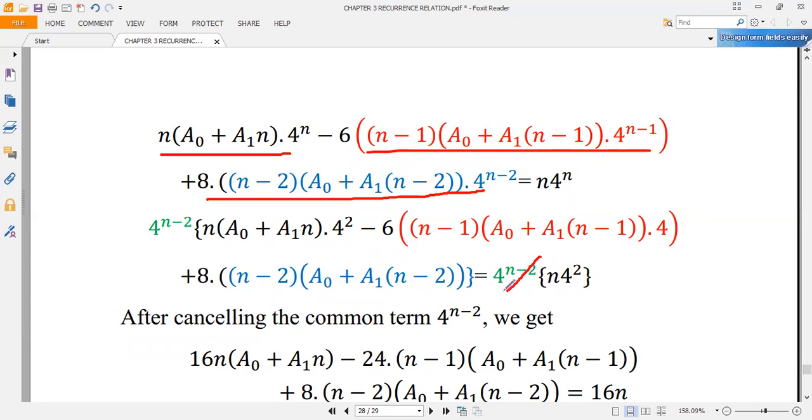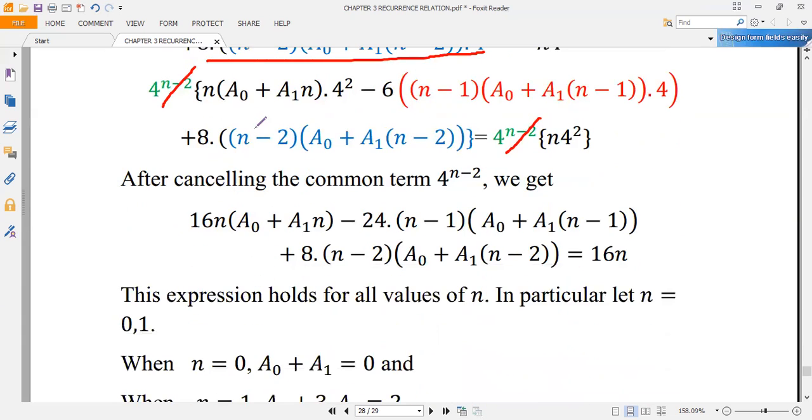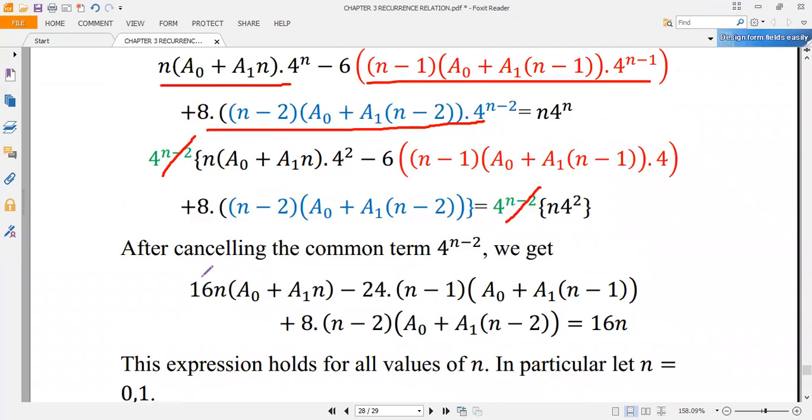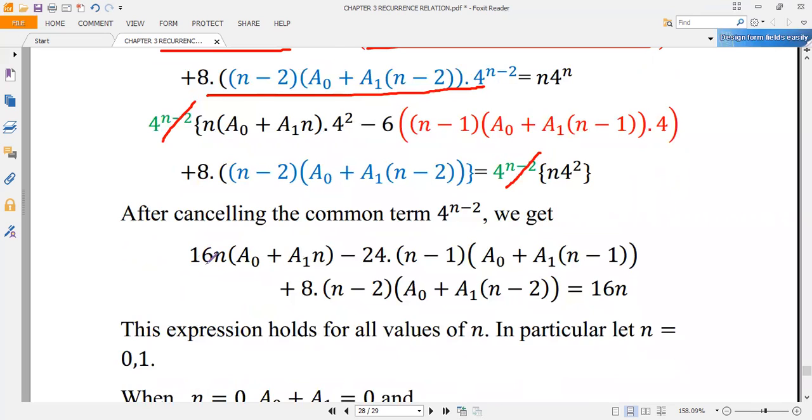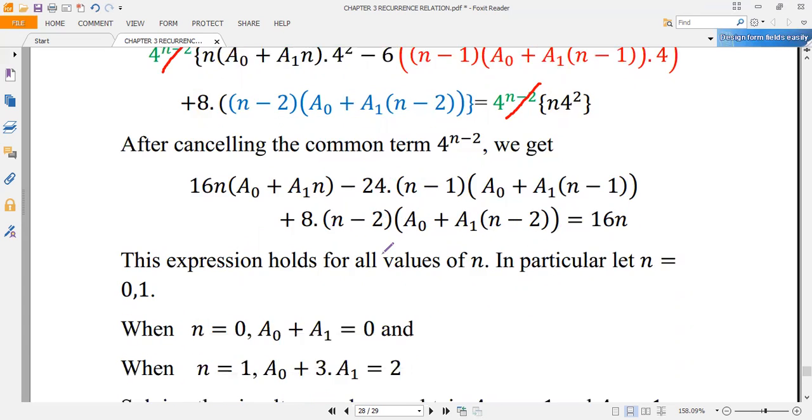So cancelling the common values, you will get this equation: 16n times a0 plus a1 n, minus 24 times n minus 1 times a0 plus a1 times n minus 1, plus 8 times n minus 2 times a0 plus a1 times n minus 2, which is equal to 16n.